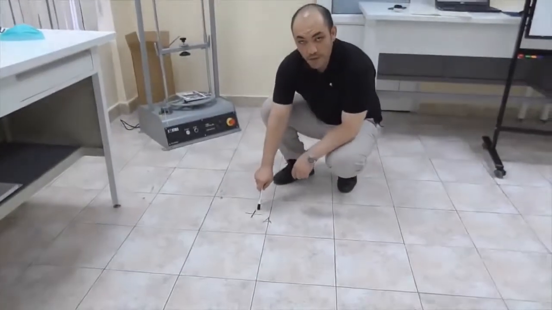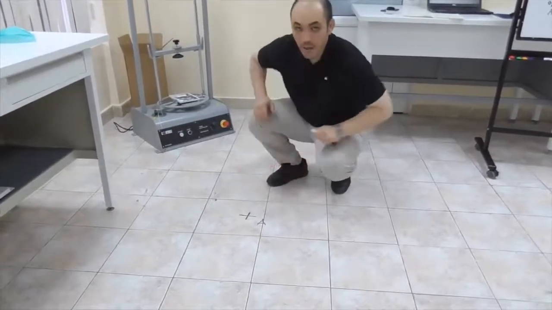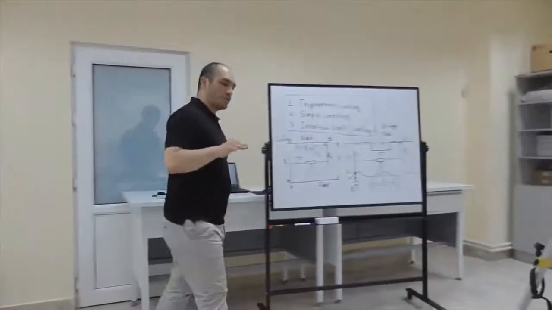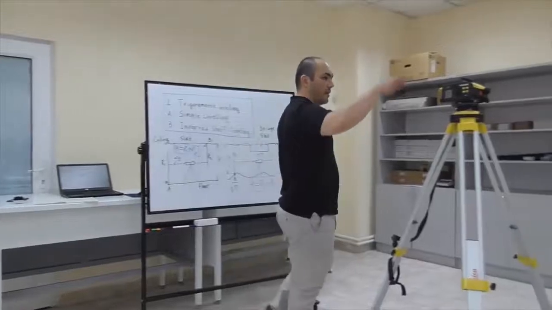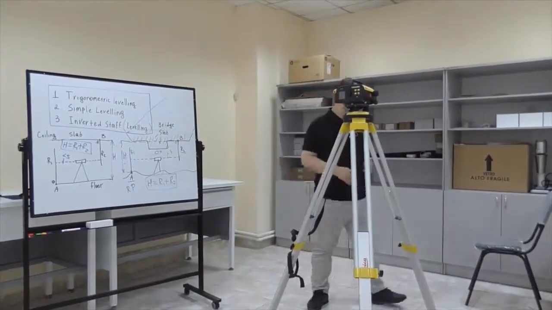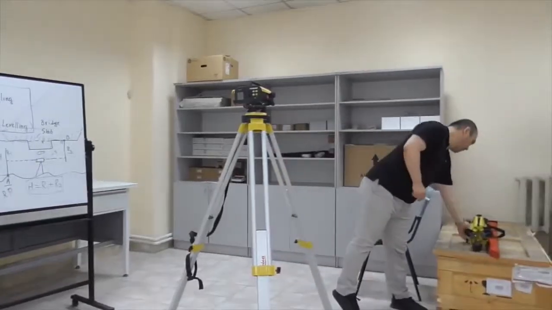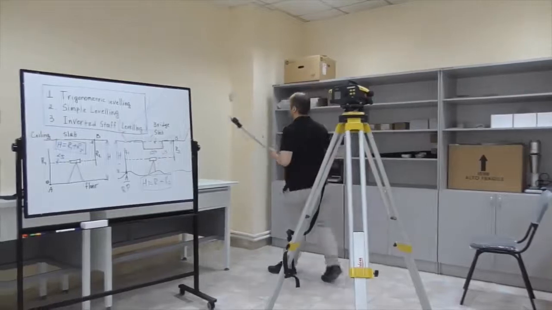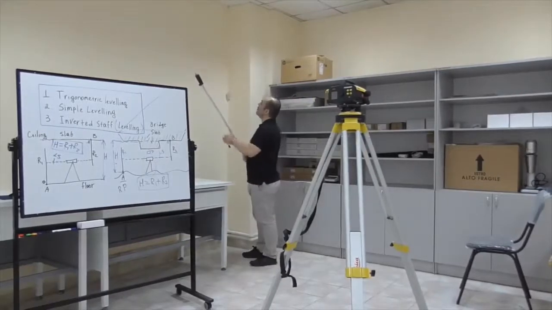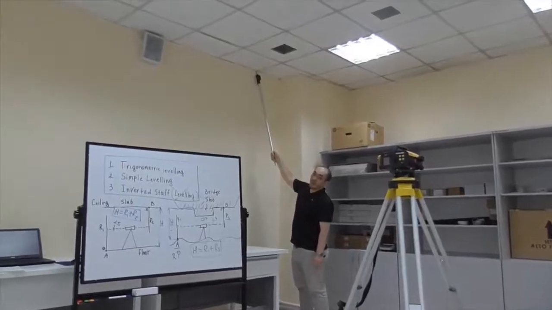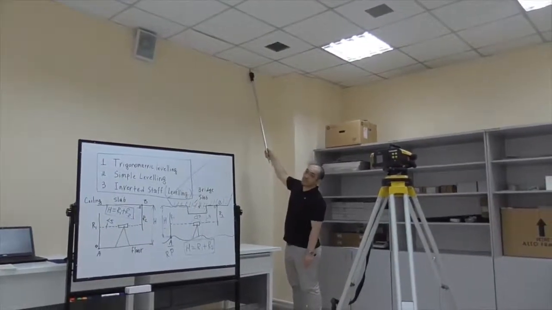This is our point A, and our point B should be located above the sighting axis, here on the ceiling.